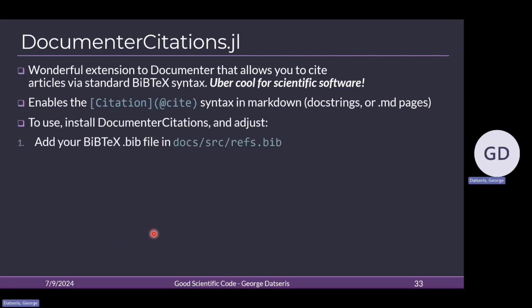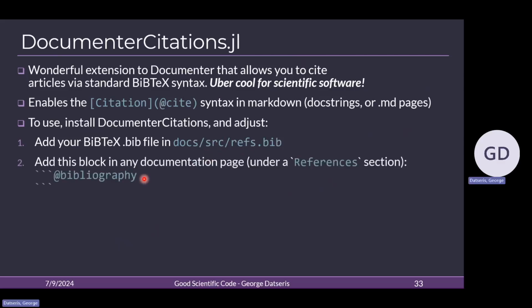Then you add a .bib file in docs and source, and you add this special block in any of the Markdown files that you give to Documenter. Typically, I have this at the end of the API, or I make a special page called references. This code block automatically understands all the literature you cite, using your bibtex file to make citations for everything.